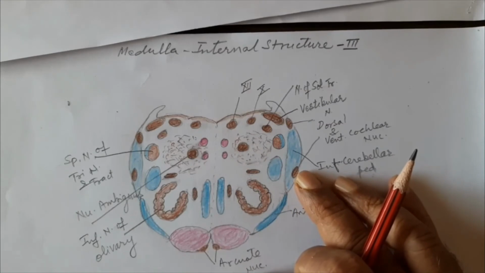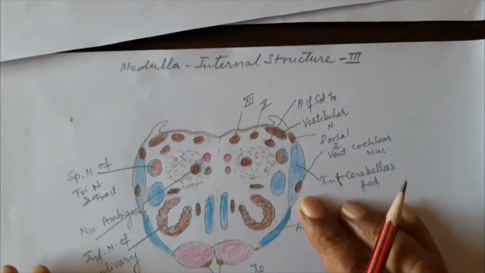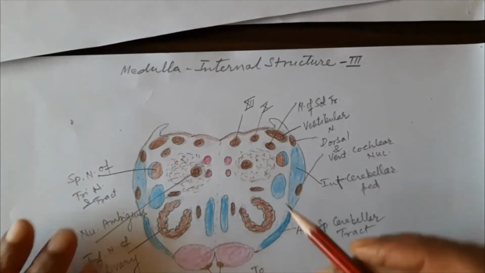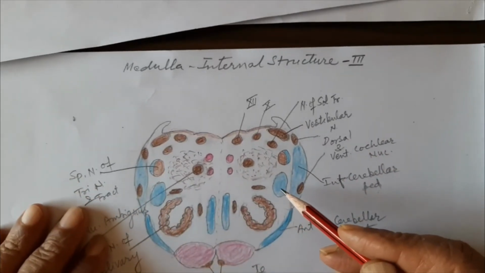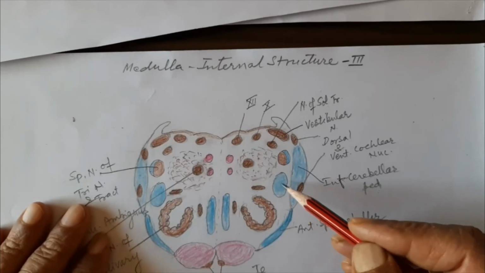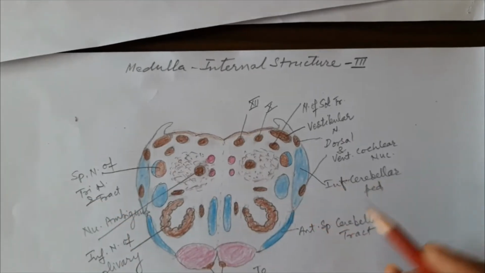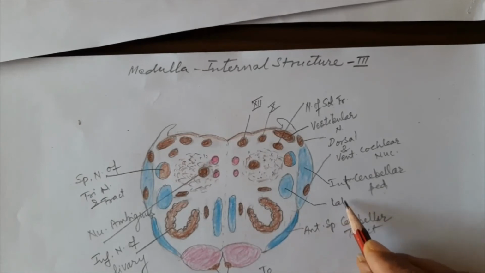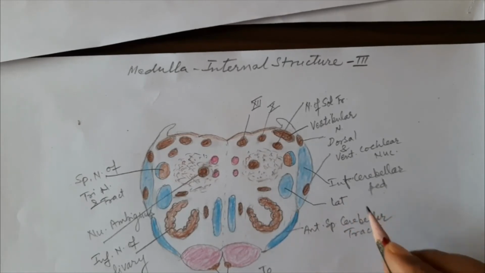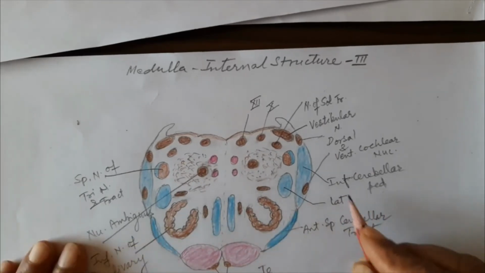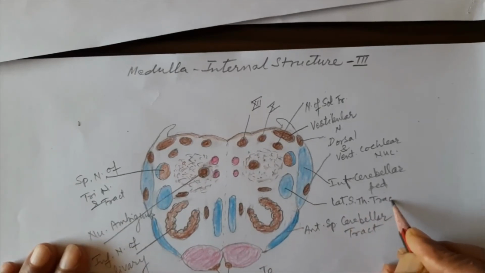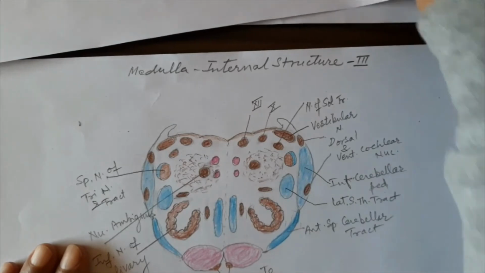Now, some of the fibers are ascending tracts, sensory ascending tracts going towards the higher level. One important one is this, the lateral spinothalamic tract, which was also in the previous section.